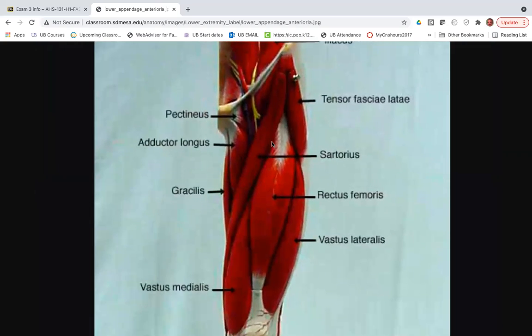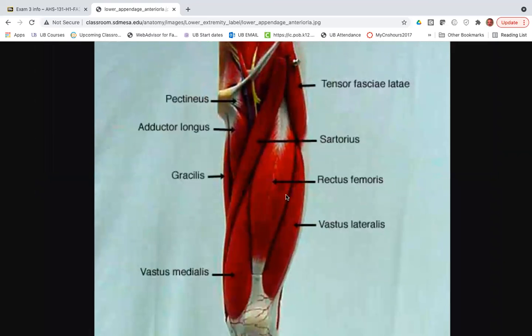Now, on the anterior thigh, we have the quadriceps muscles. Three of them we can see somewhat superficially here. One is the vastus lateralis. The other is the vastus medialis.